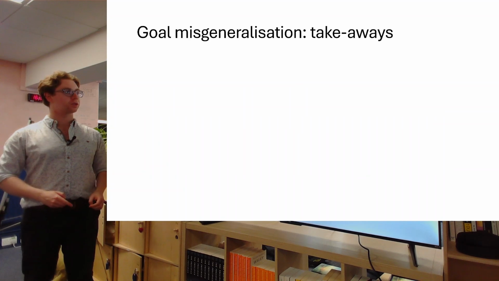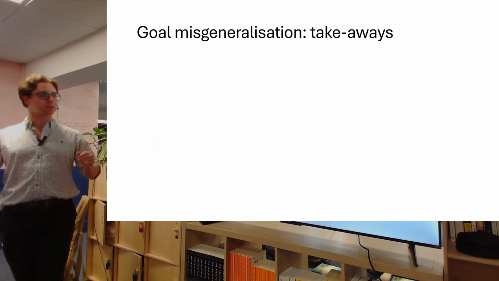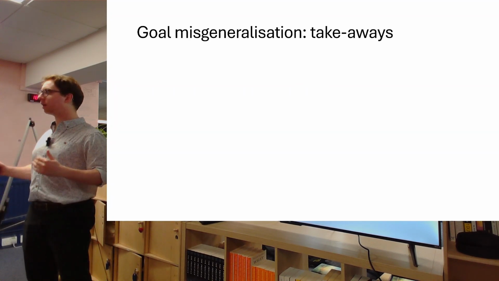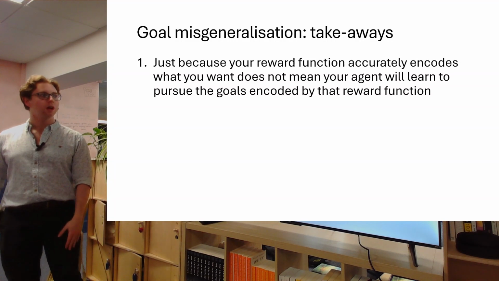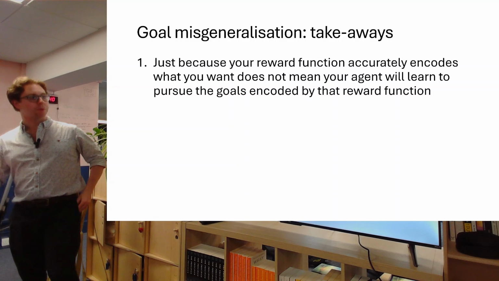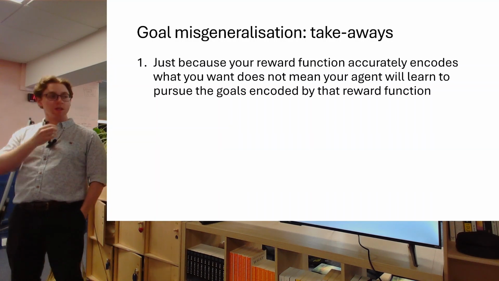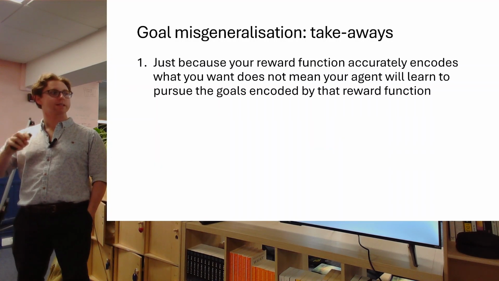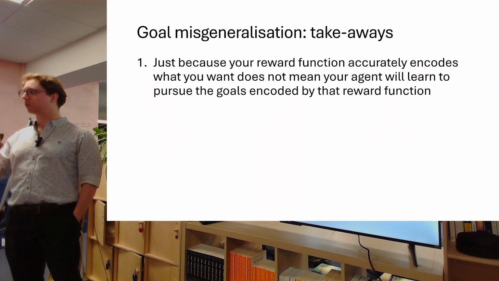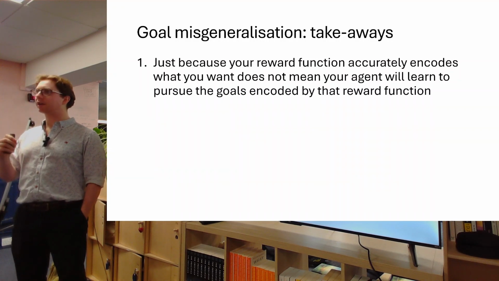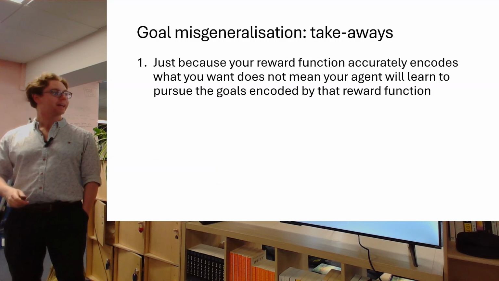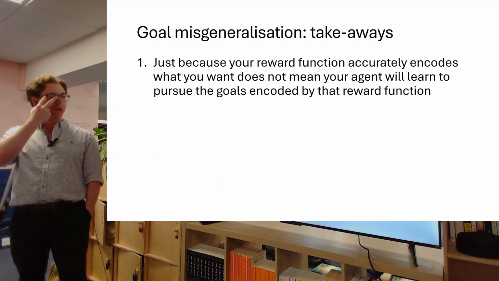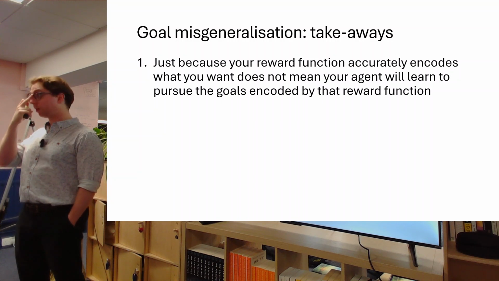Okay, so we're at the end of the section on goal misgeneralization, and I just want to go through core takeaways for this phenomenon. First of all, the most important one practically is that just because you've written down a reward function that accurately encodes what you want, it does not mean that your agent will actually learn to pursue those goals, right?